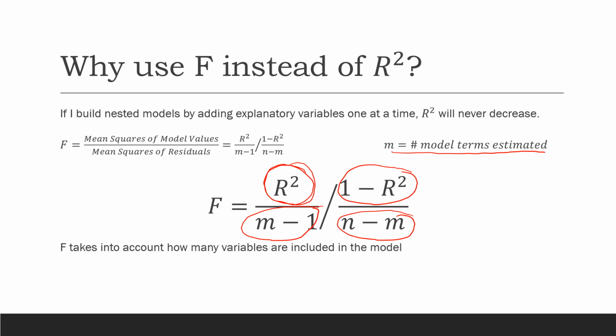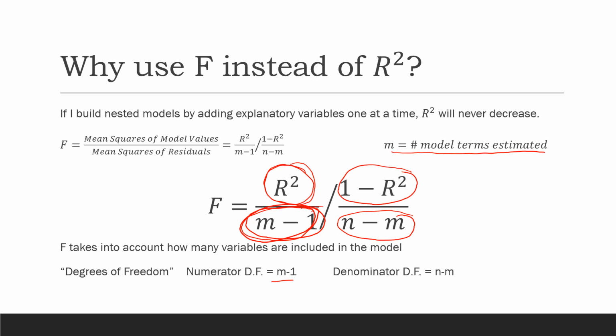Now, when I use an F statistic, it does have these numbers called degrees of freedom associated with them. There are degrees of freedom for the numerator, which is just this value that we divide R squared by in the numerator of our F statistic. That's M minus 1.